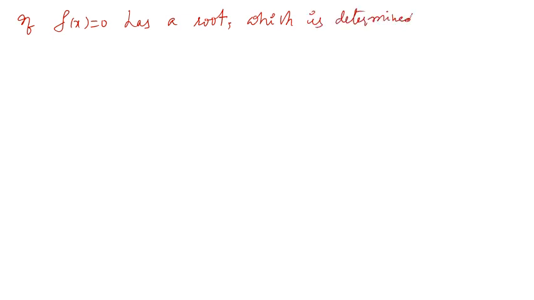Now what is the main aim of this chapter? If f of x equal to 0 has a root which is determined by exact methods, which are also called direct methods.